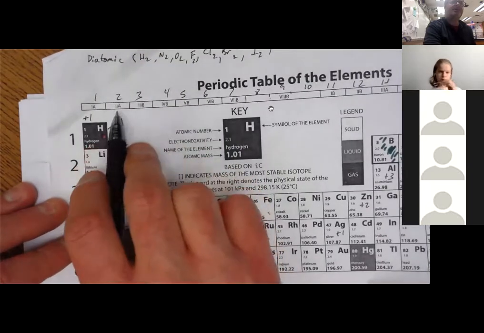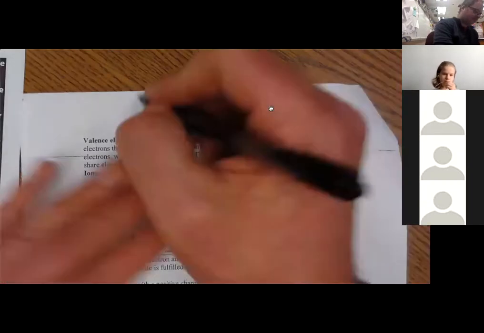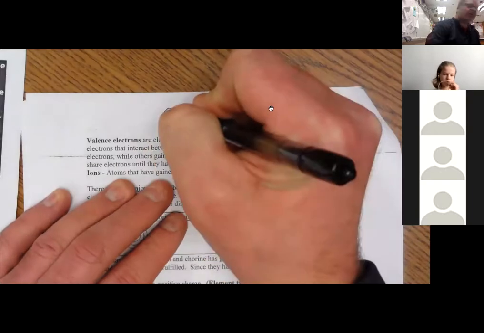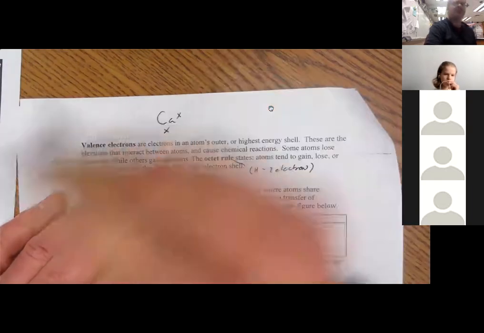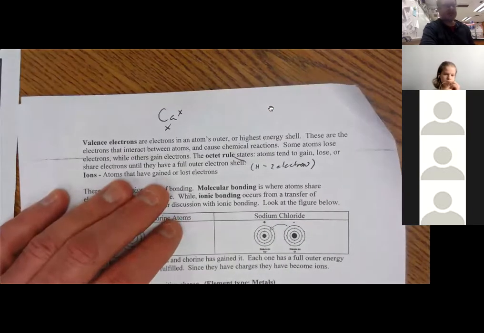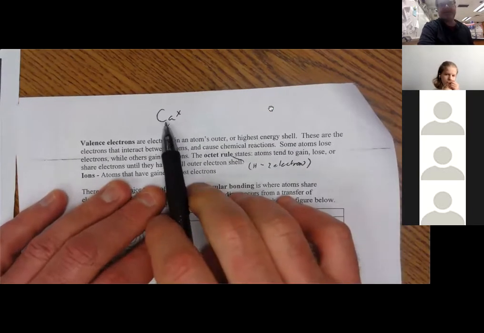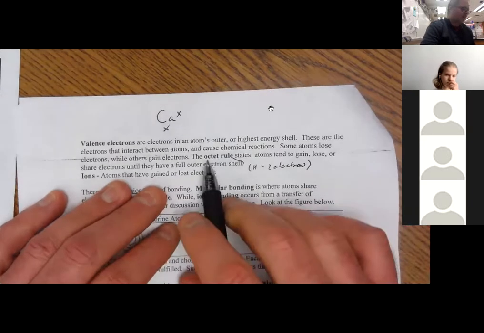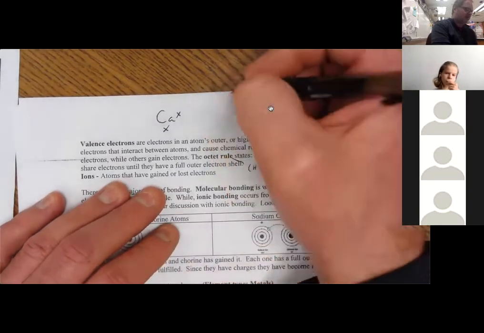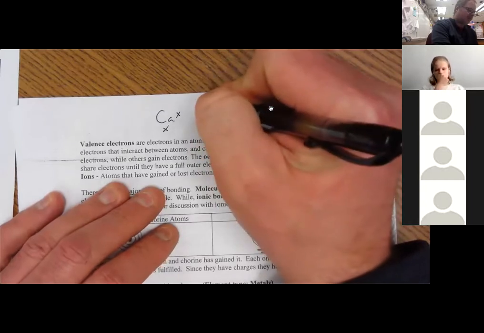Calcium has 2 valence electrons. So if we're doing a Lewis dot structure, we would have 1 electron, 2 electrons. I'm going to make those as X's because I want to be sure that I understand that these electrons belong to the calcium.